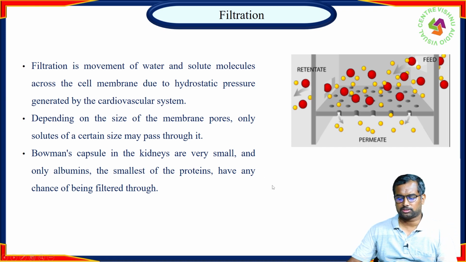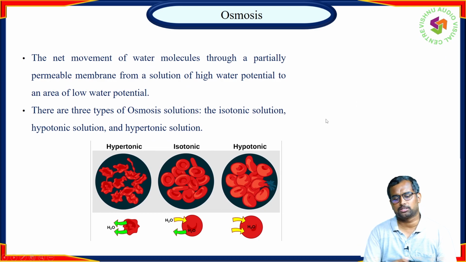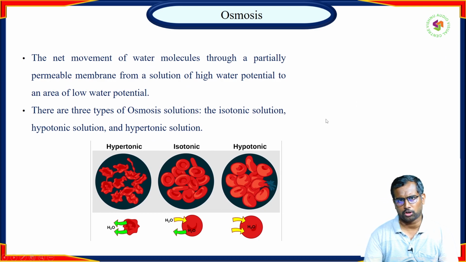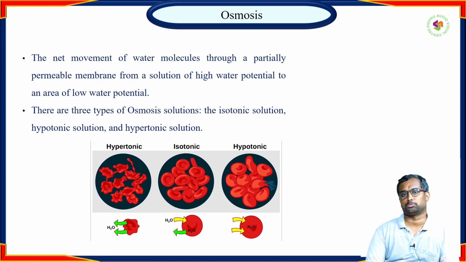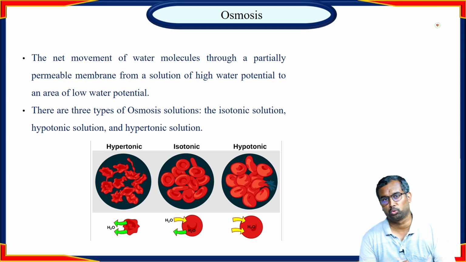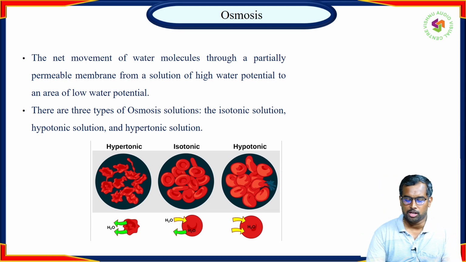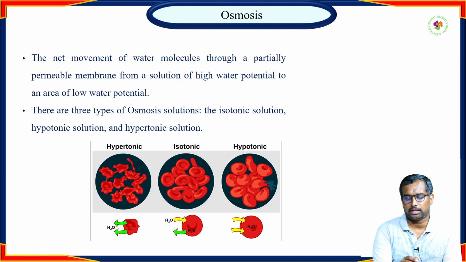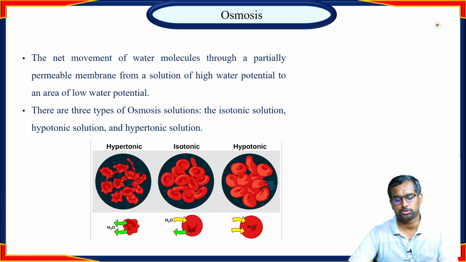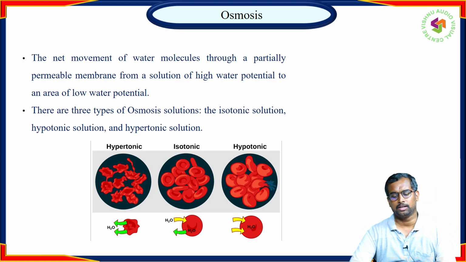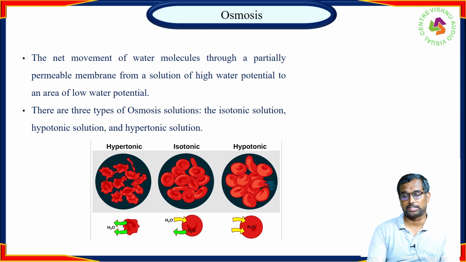So the next process that we have is called osmosis. I think everybody knows what reverse osmosis is, because that is how we get pure drinking water in most cases. Osmosis is nothing but the net movement of water molecules through a partially permeable membrane from a solution of high water potential to an area of low water potential.